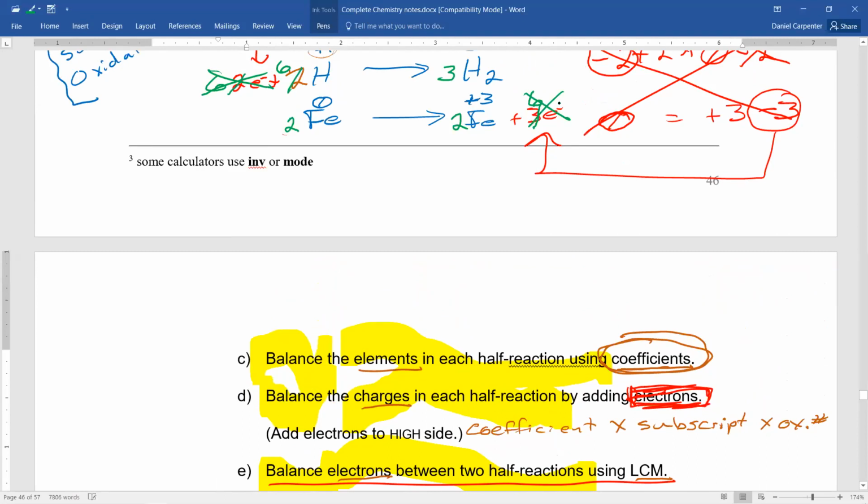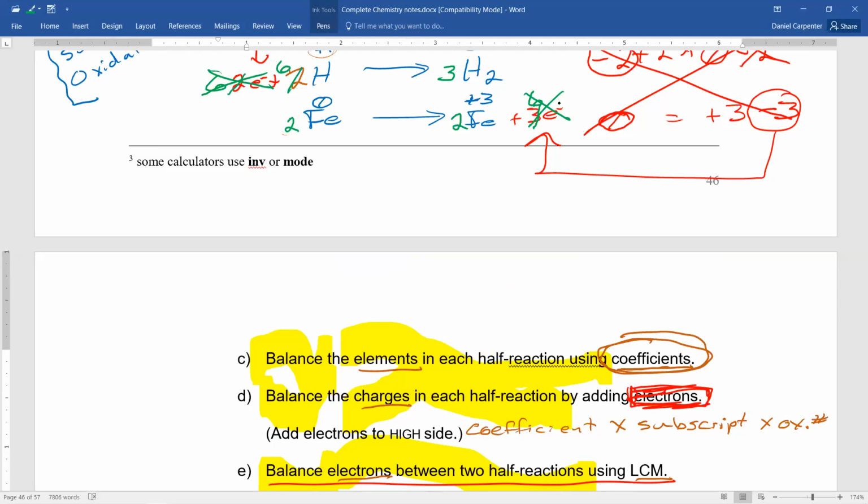Because I need the same number of electrons to be used by one half reaction as are given by the other half reaction. Everything we did till now was simply to make sure that we had the same number of electrons being given by one as were used by the other.